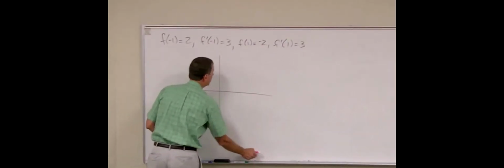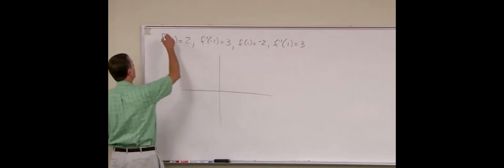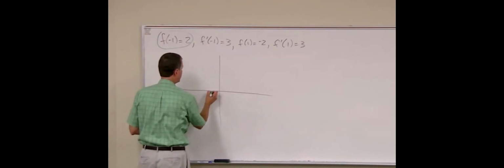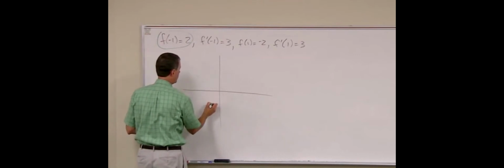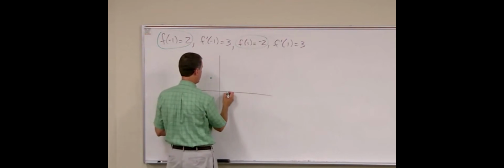So what I would start with is locating the known points I have on the graph. This is a known point here, so I'll plot that. Let's say that's -1 and positive 2. And then I have another known point at 1, -2.